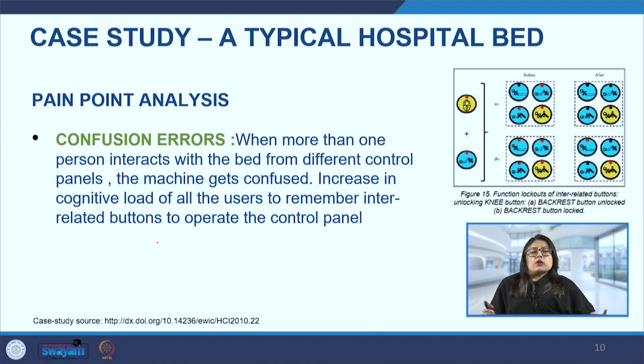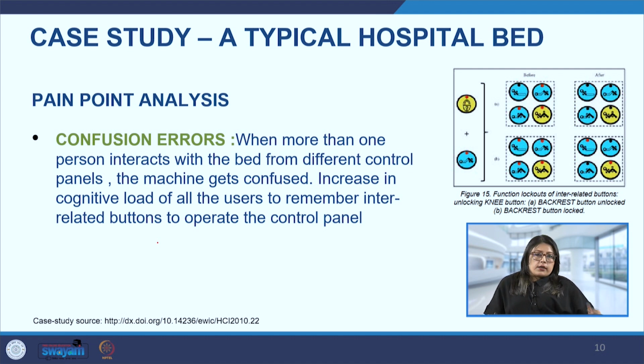And we know that in a hospital-like situation, the attendants or the nurses will probably be rotated because they have shifts. One will be in the morning, another at night, and there may be several new attendants coming for different purposes. Now if all of these people are not able to understand and are using the device differently, of course a lot of confusion is bound to take place. So this was leading to increased cognitive load.